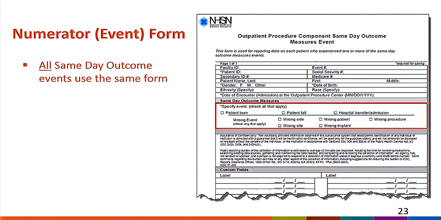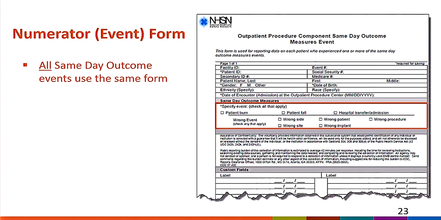For example, if a patient experiences a fall and a burn during the same encounter, only one form is completed. If the patient experiences more than one of the same type of same-day outcome measure events during the same encounter, that event type is recorded only once for that encounter.